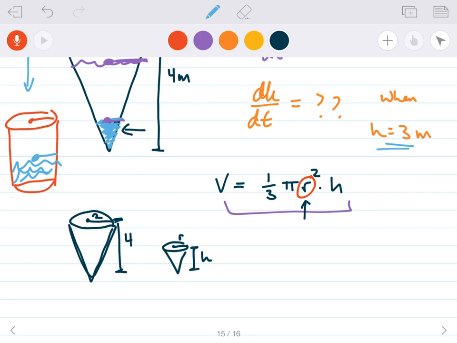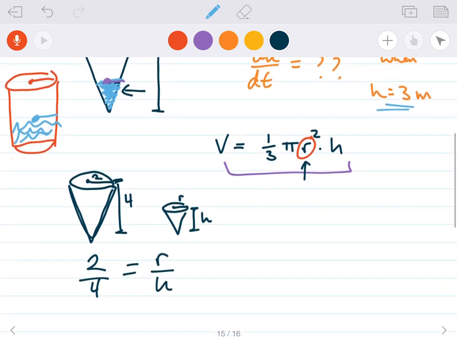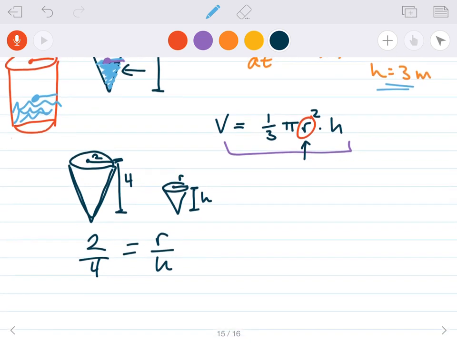So in the big one, we have 2 is to 4, the radius is to the height, as in the small one, the radius is to the height. And now I'm going to multiply both sides by H to get R is equal to 1/2 times H. So that's the relationship between the radius and the height. So now, instead of R, I'm going to plug in 1/2 H in here.